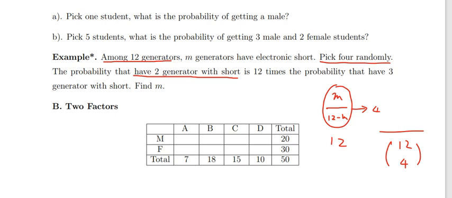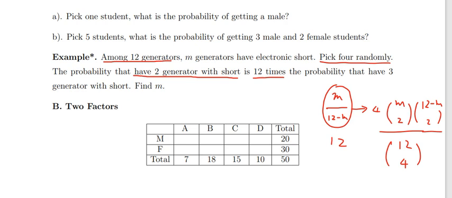Okay. So we find this. The condition of this M we don't know, so we want to find M, right? So we just use the conditions. The probability that we have 2 generators: having 2 means from M we pick 2, then from the others, from 12 minus M, pick 2. This equals 12 times this. They have 3 generators, so this is 3.